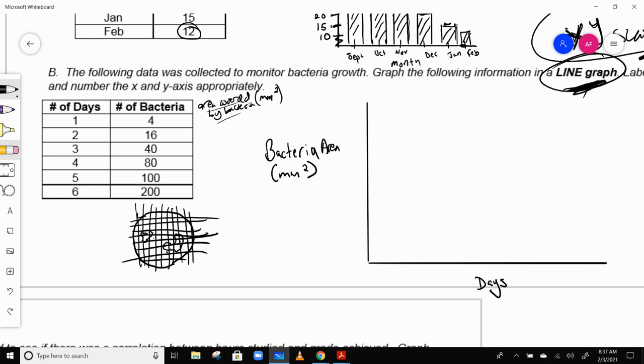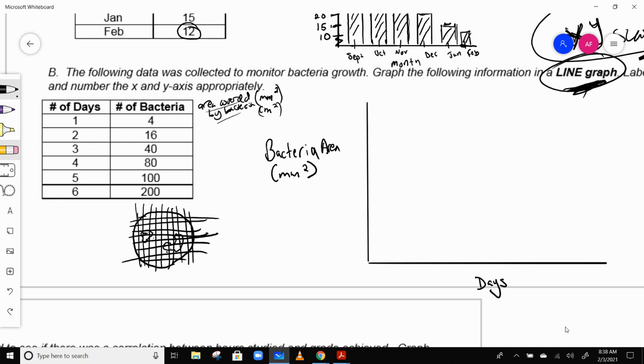Okay, typically in millimeters squared or centimeters squared, depending on how big your petri dish is. Millimeters squared or centimeters squared. Okay, so let's just assume this one is in millimeters. Yeah, it's probably centimeters squared. Whatever, it doesn't matter. Millimeters squared. But you do want to include units if you're given units.